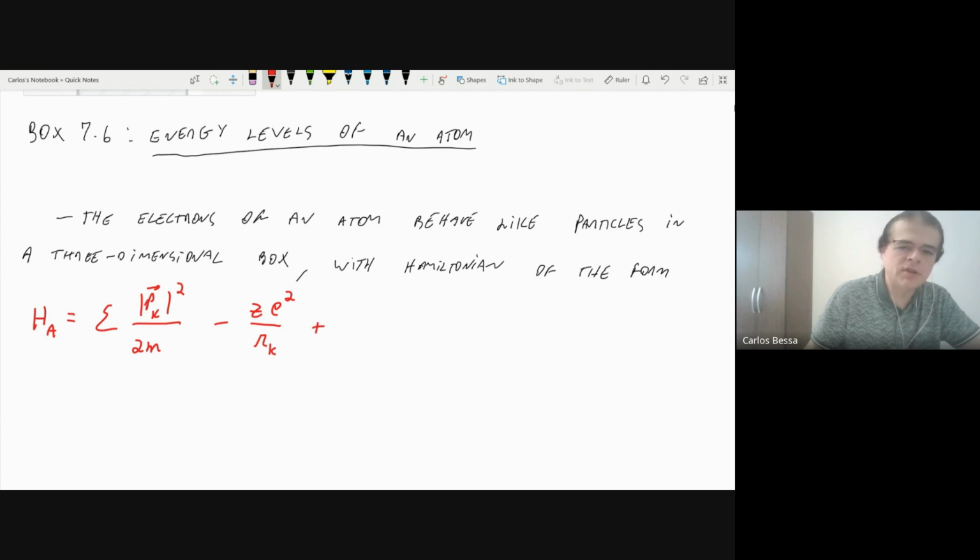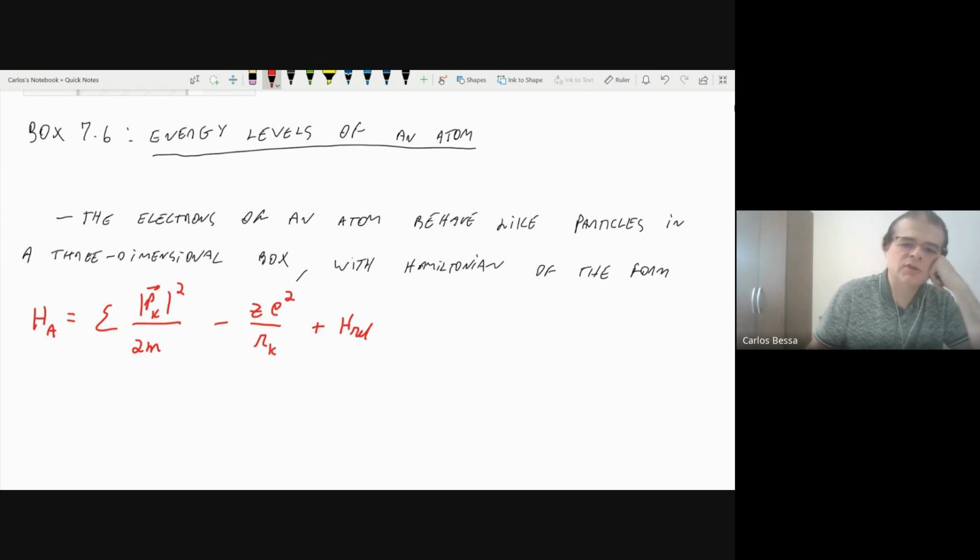Plus, a complete description would have extra terms, but in general, at least for atoms with few electrons and protons, these terms are usually very small, but we will comment on them today.